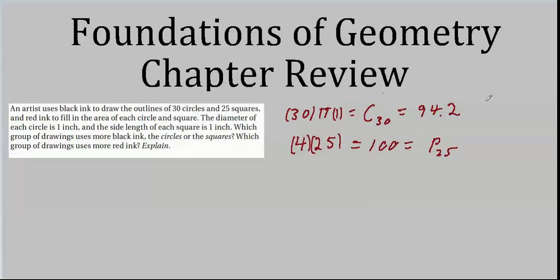So the perimeter of the 25 squares is actually a little bit more than the circumferences of the 30 circles. So we'll use more black ink on the squares.